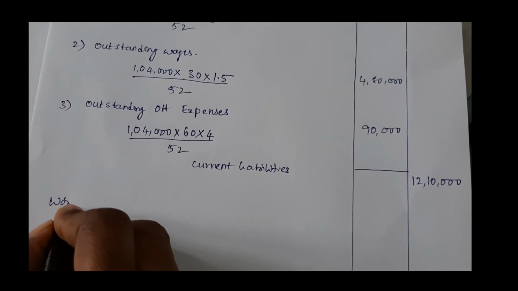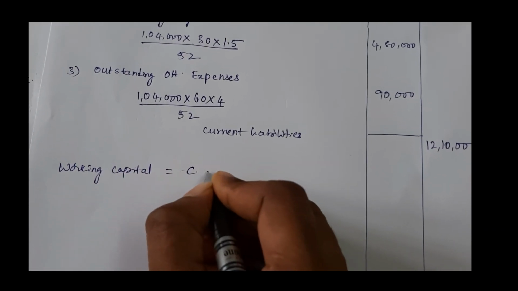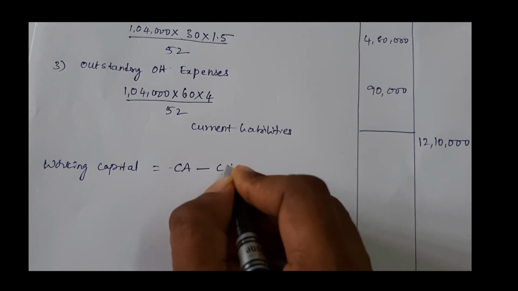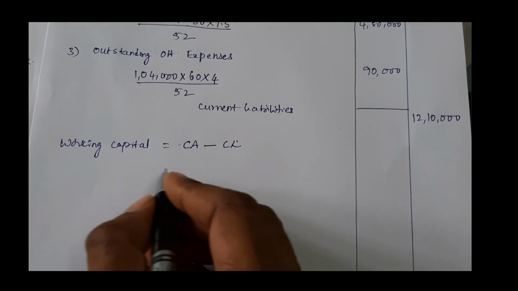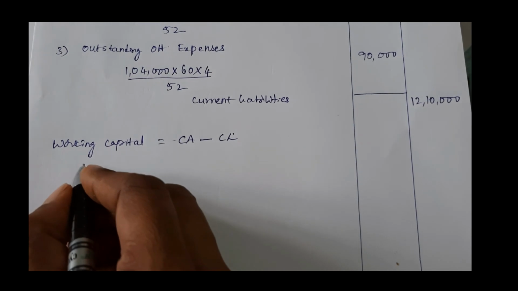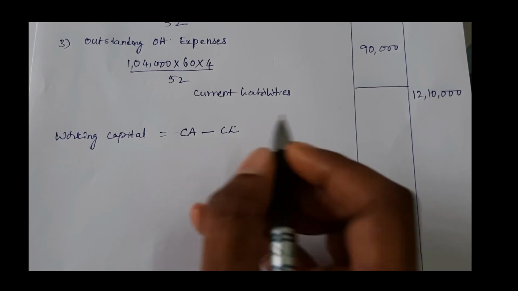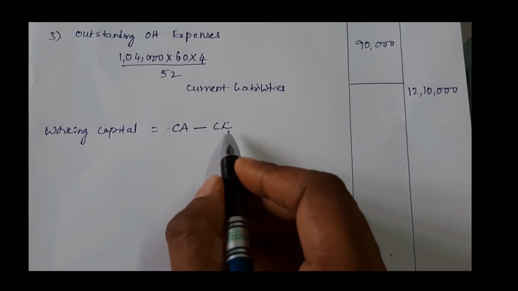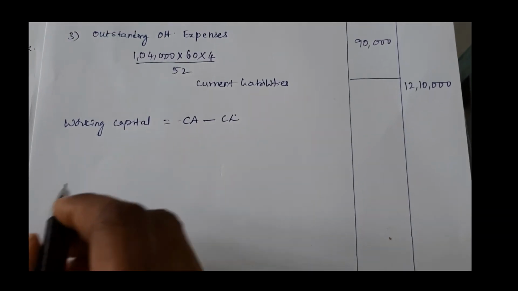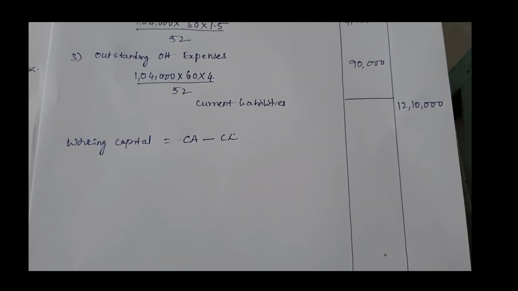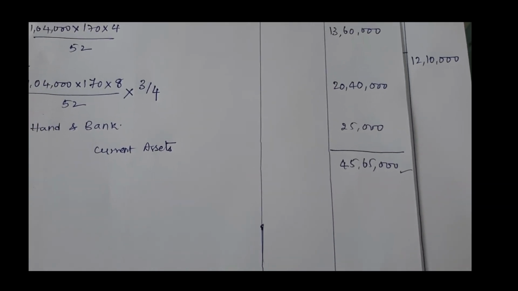As we all know, working capital is the difference between current assets and current liabilities. So the requirements of current assets minus the requirement of current liabilities have to be done to calculate the working capital requirements. So the value of the estimation of current assets here we got 45,65,000.